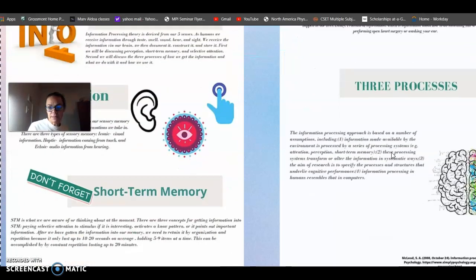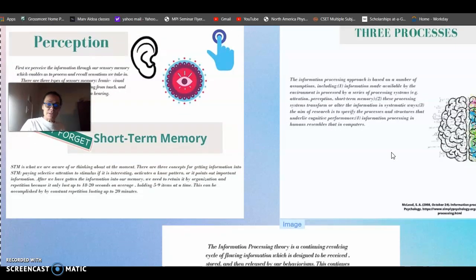Now, the processes that we go through in order to get the information are based on assumptions, including information available from the environment, the process system where we alter information in systematic ways, and also we aim to research and specify certain structures that underlie cognitive performances.